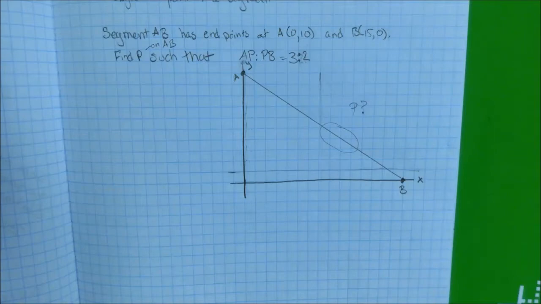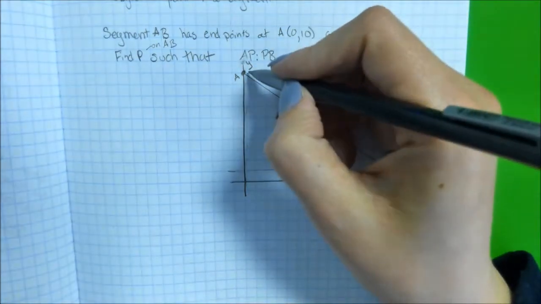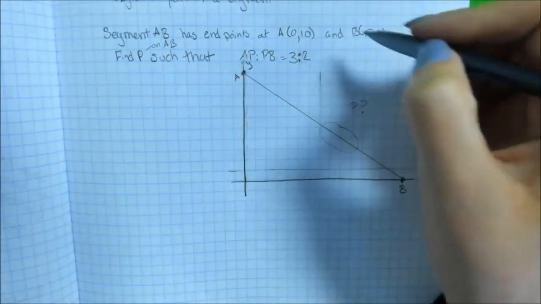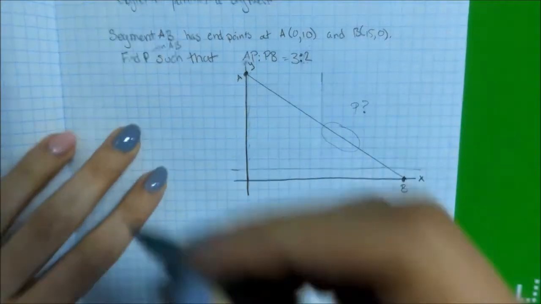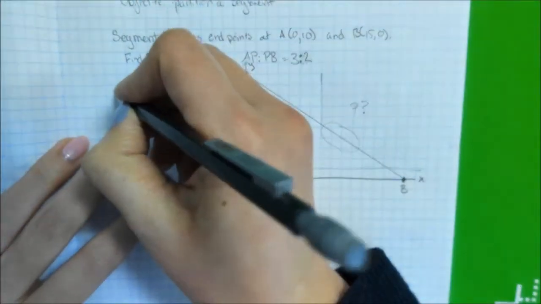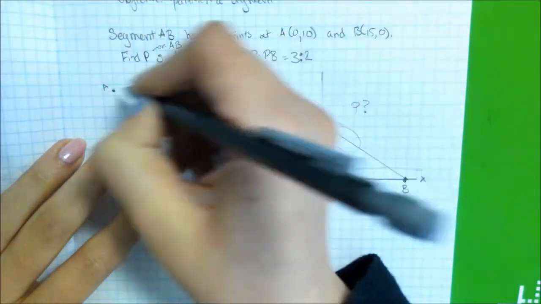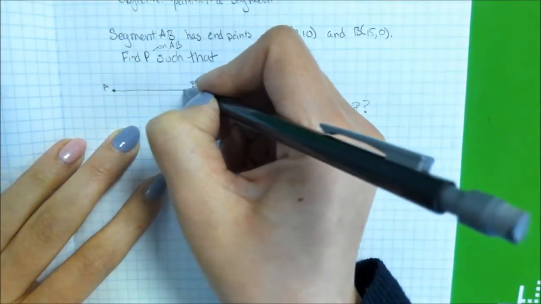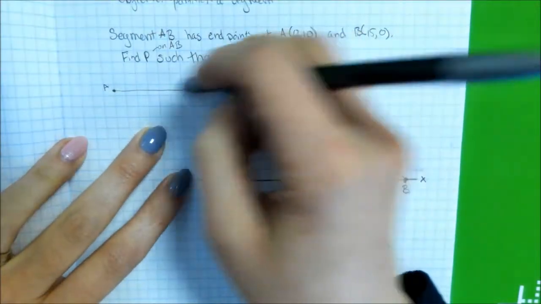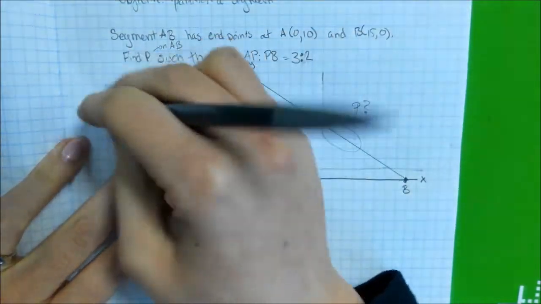So essentially, what I want is for AP to be 3 parts and PB to be 2 parts.